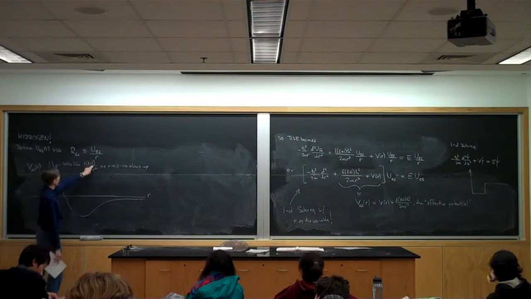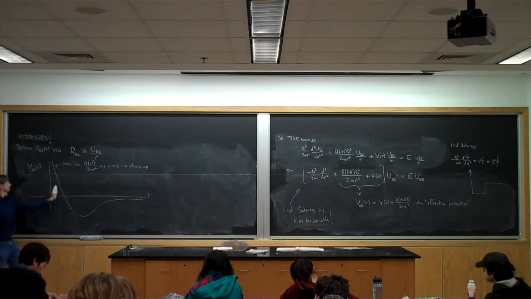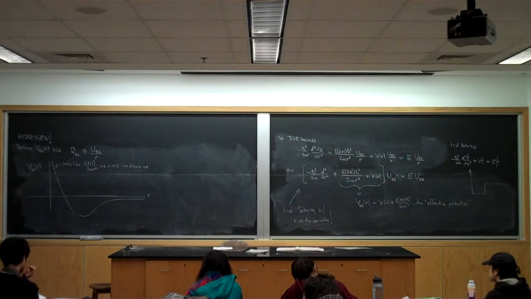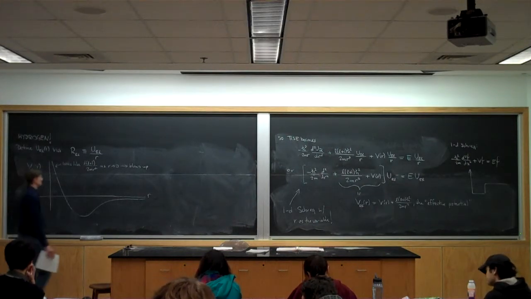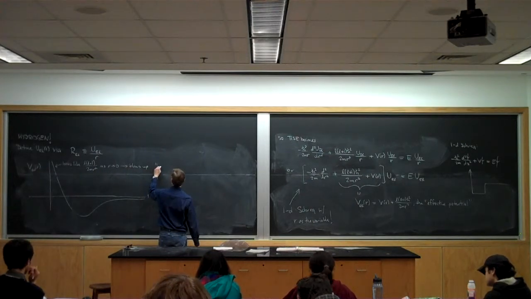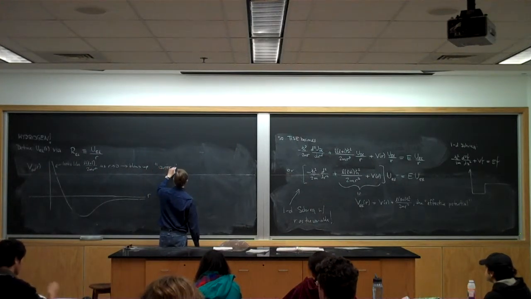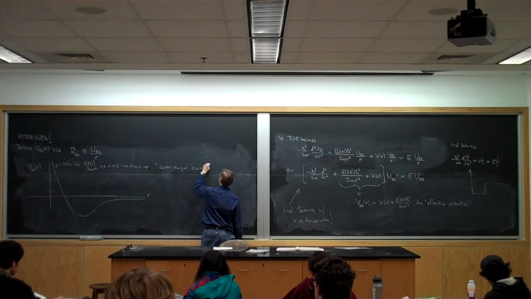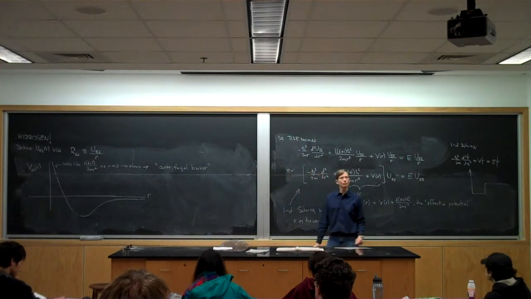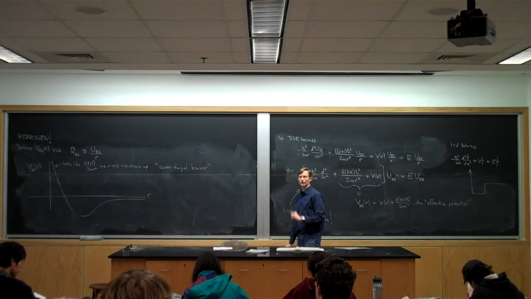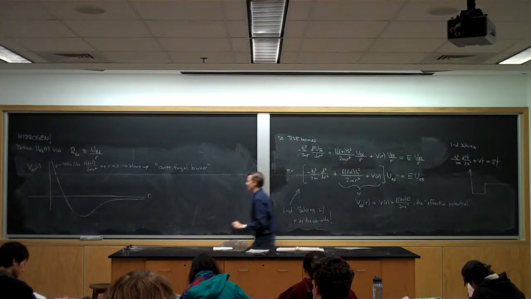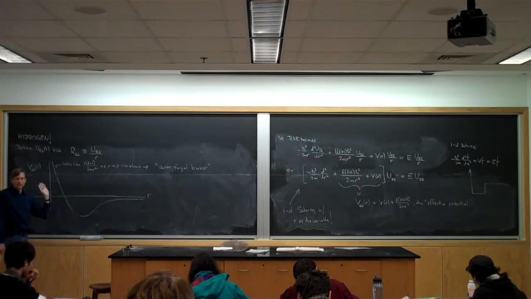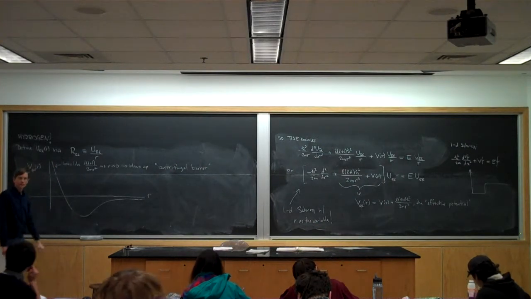It looks like 1 over r squared, which blows up as you approach the origin. We refer to that as the centrifugal barrier. It tends to keep the particle away from the origin because the potential is getting large there, and the wave function tends to be small for a given energy when the potential is large.